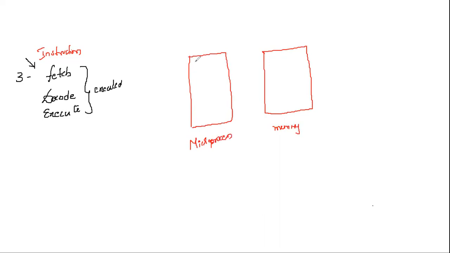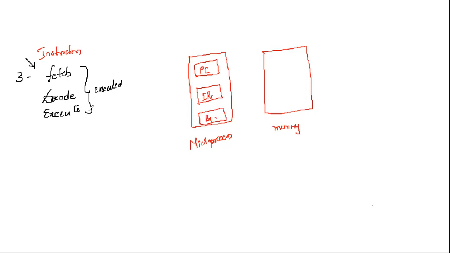In this microprocessor, the important fields are, the first one is PC, next one is IR, and next one is register. These are the three important fields in the microprocessor.